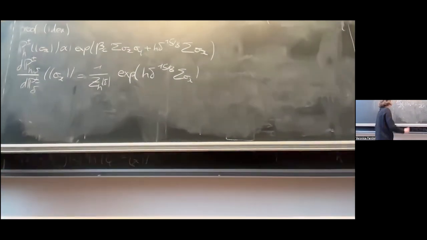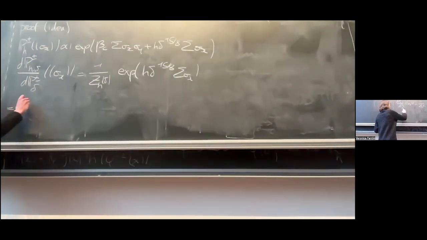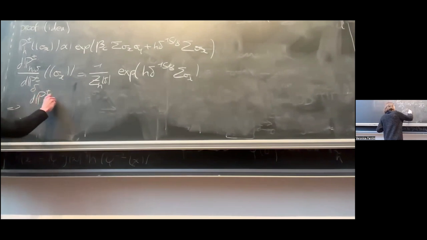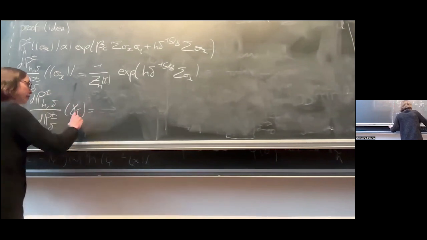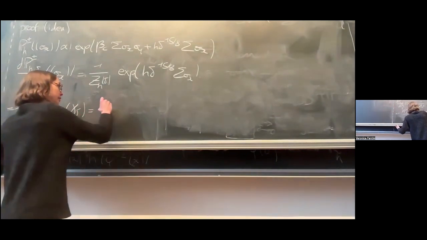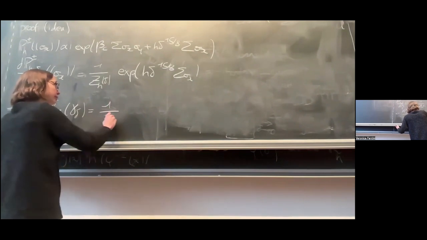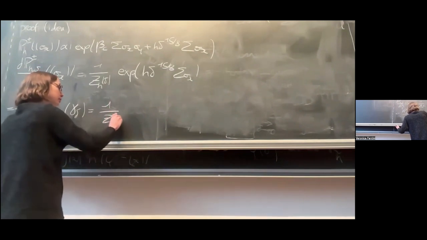So what I mean by this is that you can write that on the lattice, the interface can be obtained via this change of measure.